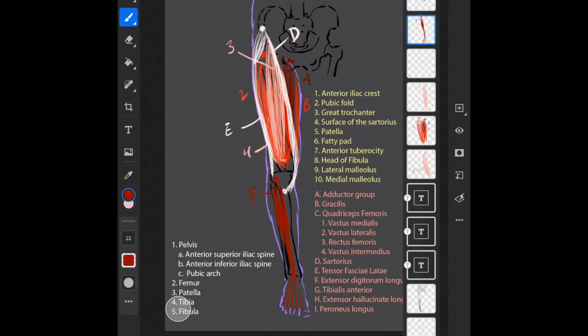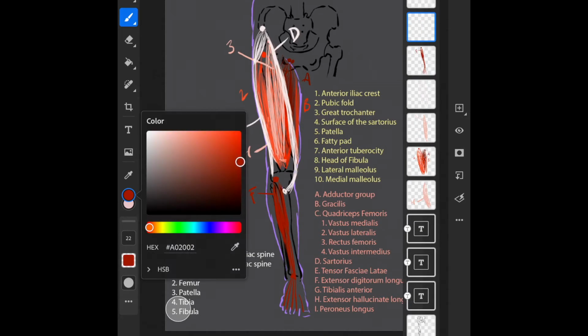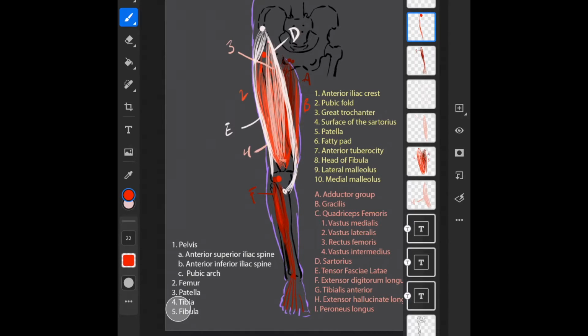Then on top of this, we have our tibialis anterior, which, let's change levels here again. Let's change colors. Let's go a little bit brighter. Starts a little bit closer to the inside of the lateral epicondyle, so just off to the side. Overlaps the extensor digitorum longus, running this way.